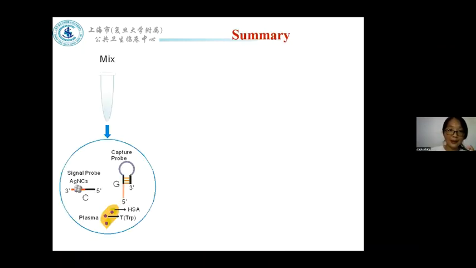In summary, here we develop a simple combined detection method for tryptophan and HSA in plasma. It can be achieved just by firstly mixing the signal probe C and chemistry probe G with the untreated plasma or plasma treated by deproteination and NEFA treatment.